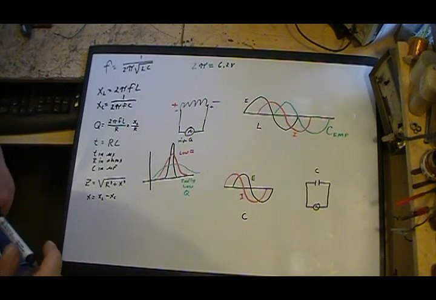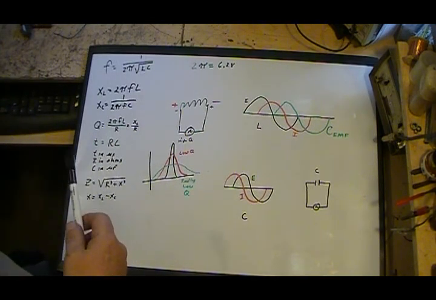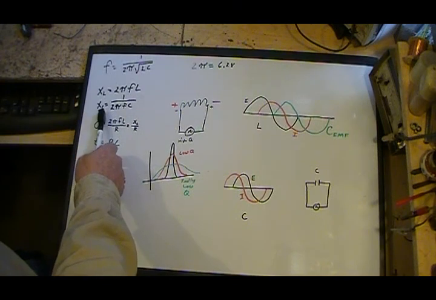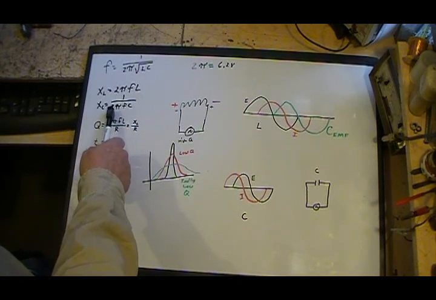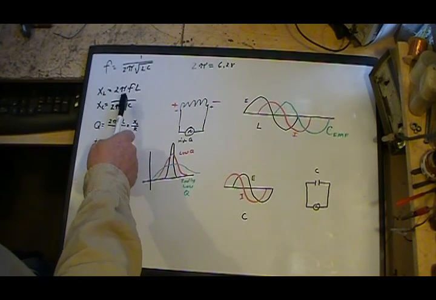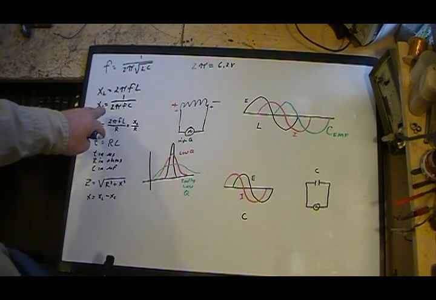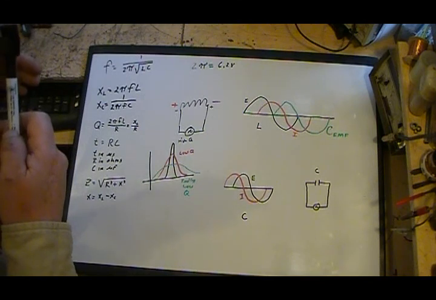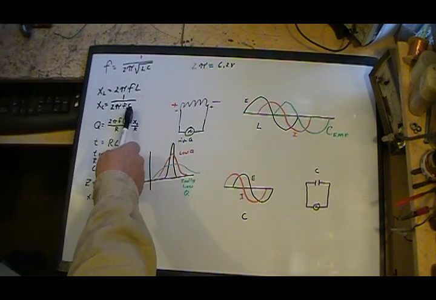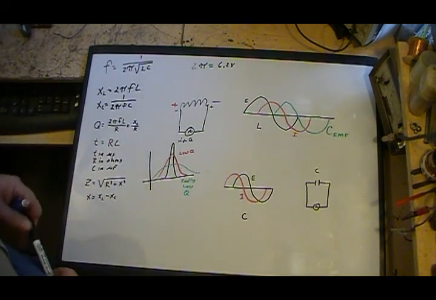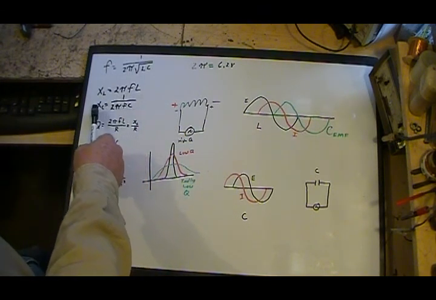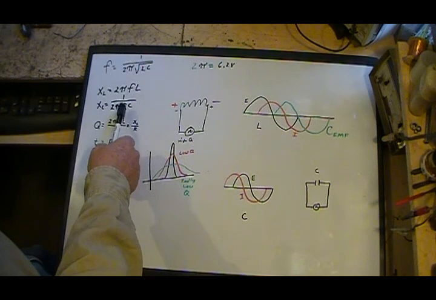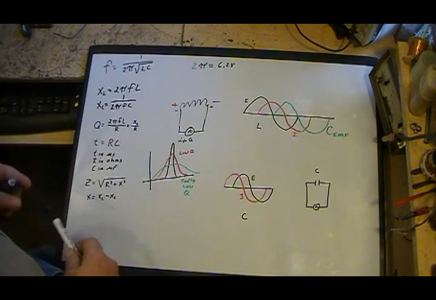AC can get through the capacitor, but of course, according to the X sub C, or the capacitive reactance, 1 over 2 pi FC, it does have some resistance to the AC depending on the size of the capacitor and the frequency. The smaller the capacitor, the higher frequency you can run through it.